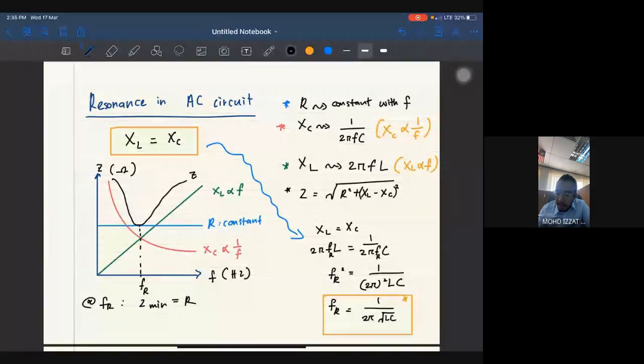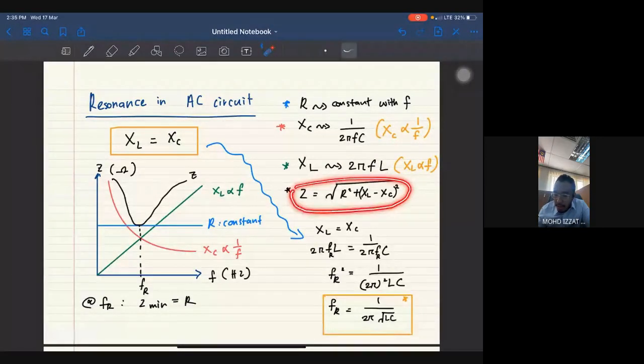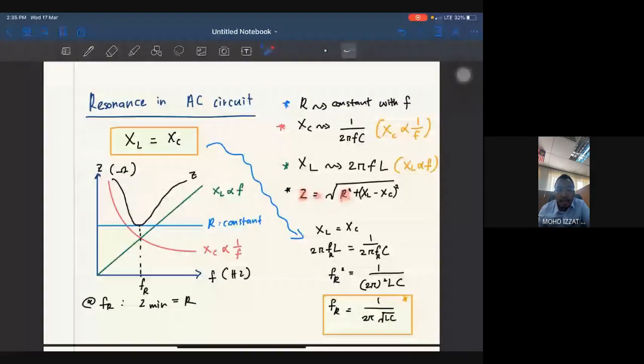You can refer back to this equation: when XL and XC have the same value, XL minus XC becomes 0. That's why Z equals R at the resonant frequency, and this is the minimum Z. That is one thing we know.